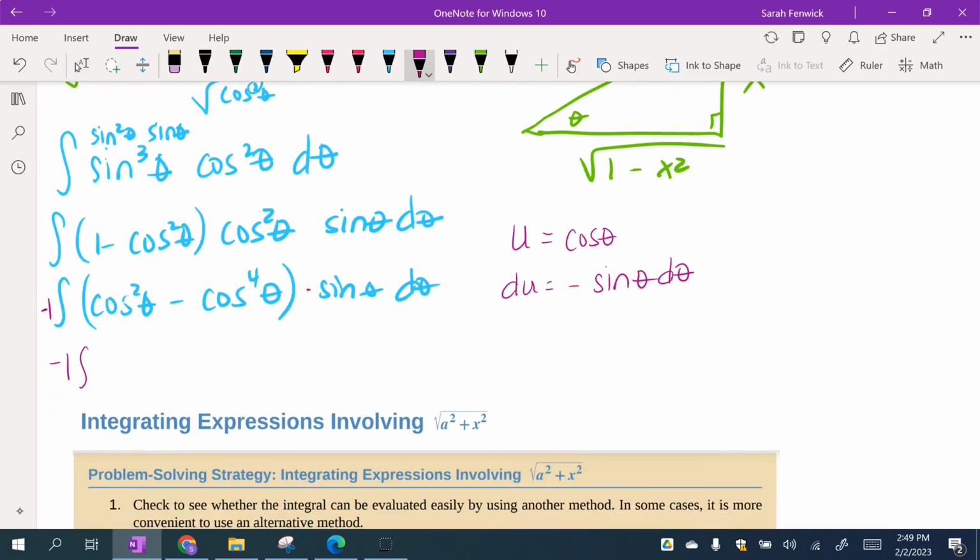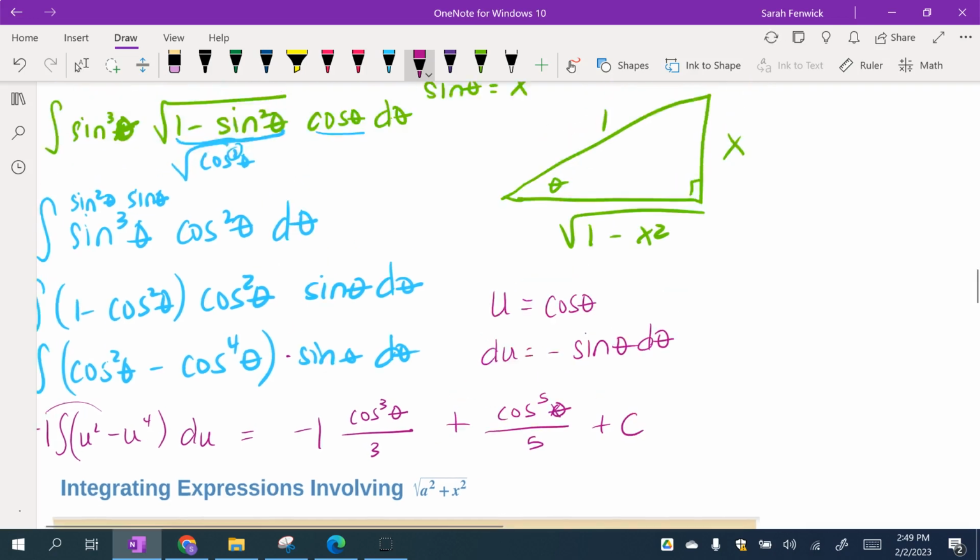So we have negative 1 integral u squared minus u to the fourth du. So negative 1 of u to the third over 3 plus, because when I distribute my minus, cosine to the fifth over 5 plus C.